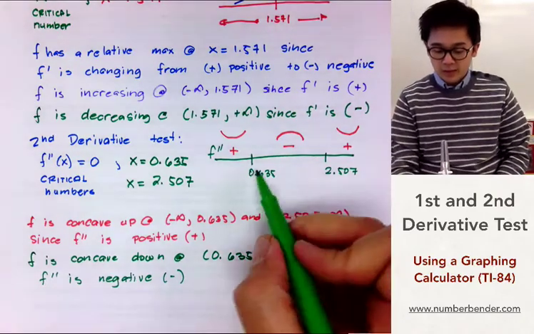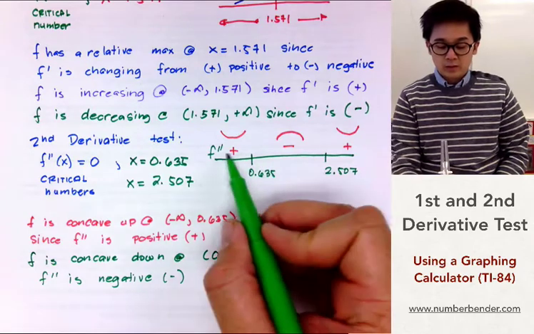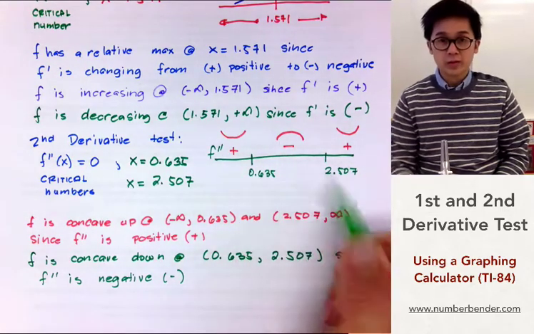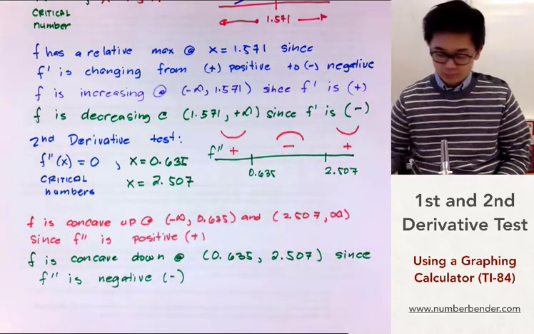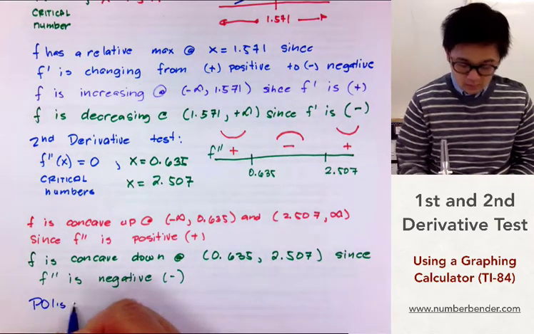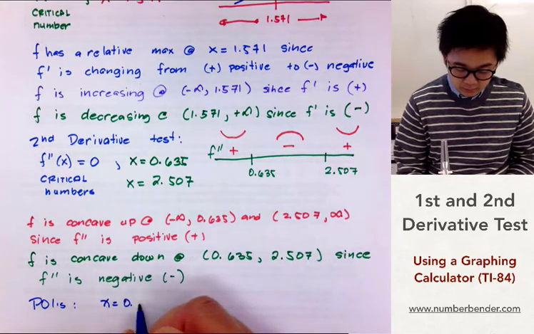And since we have two critical numbers, and at these critical numbers the concavity is changing, so we have 2 points of inflection. So our POIs will be at x equal to 0.